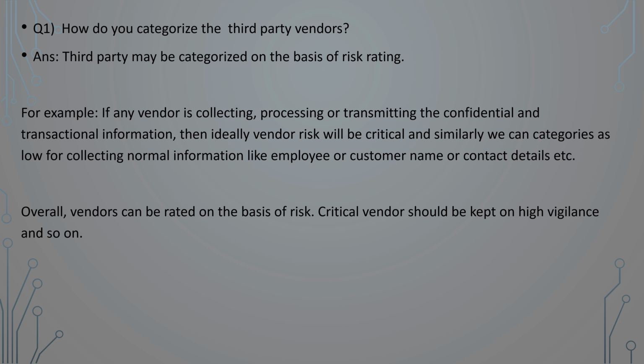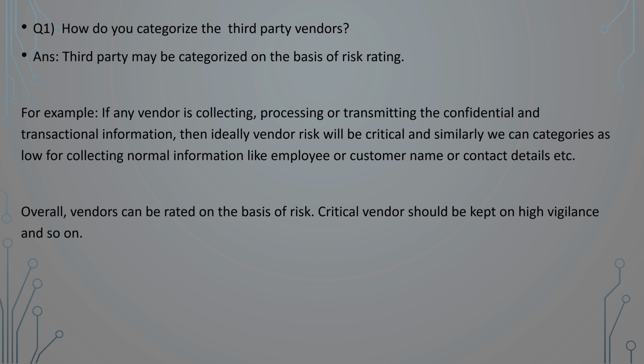The identification of risk completely depends on the confidential information of the organization that the vendor is carrying. That means if a vendor is collecting, processing, or transmitting confidential or transactional information or some critical non-public organizational information, then ideally the vendor risk will be critical.